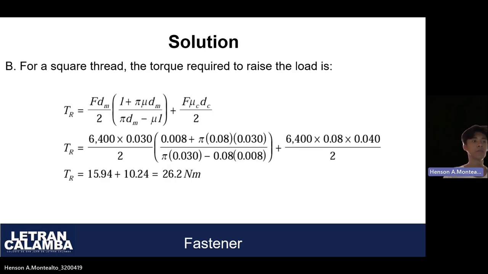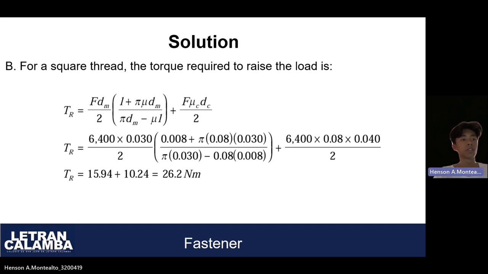And in letter B, for square thread, the torque required to raise the load, and this is one of the problem solving. We just copy the formula and solve it.